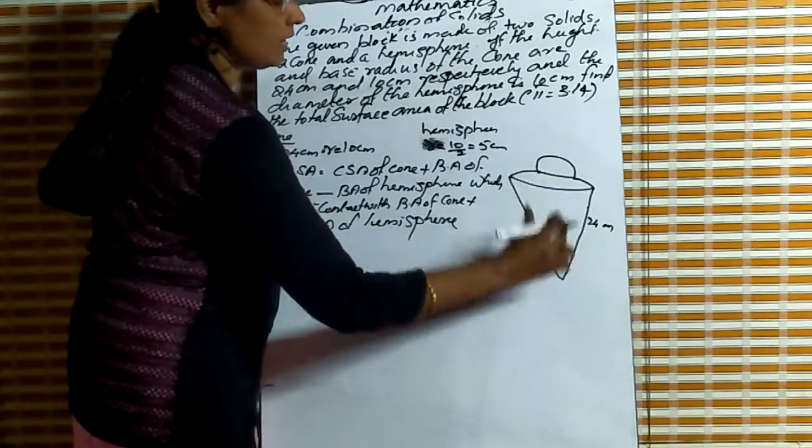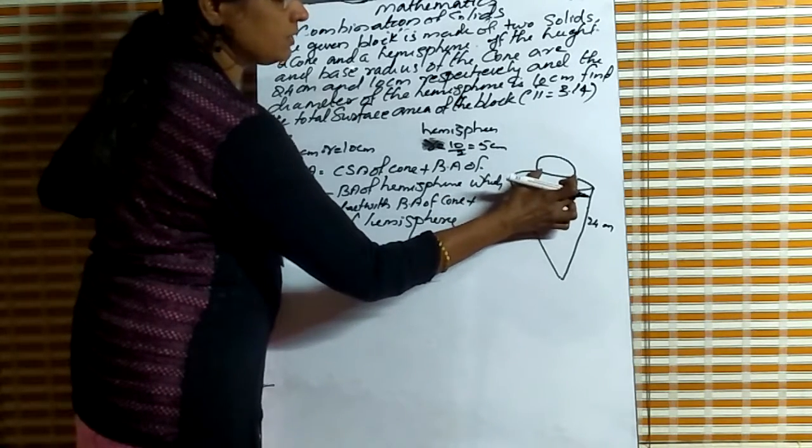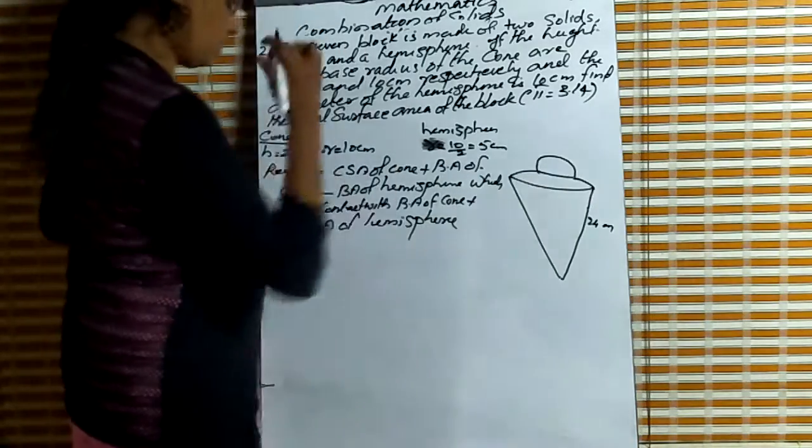So this is CSA, this base area, and subtract the base area of hemisphere, plus CSA of hemisphere.